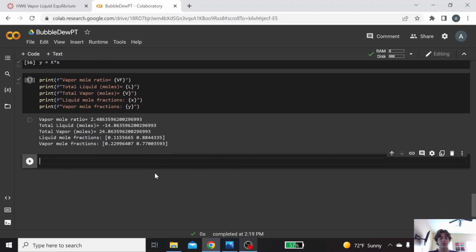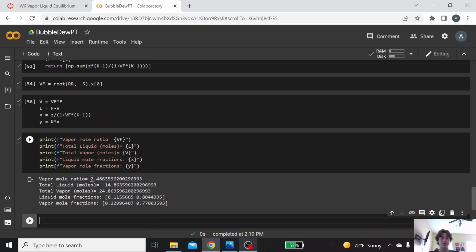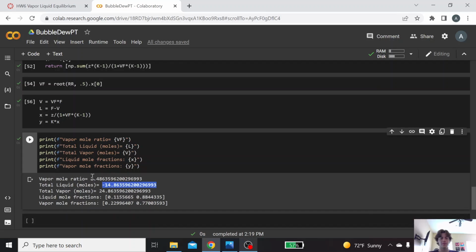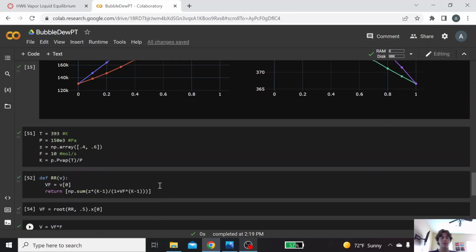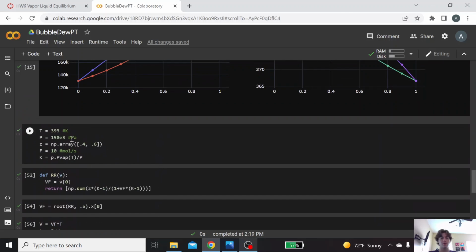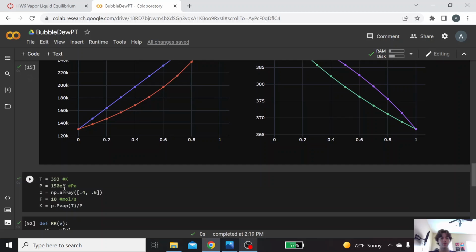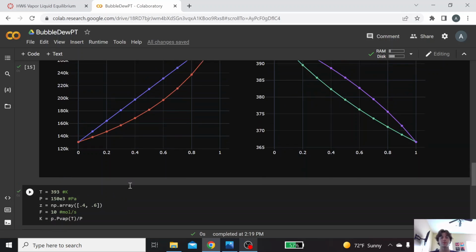So now we can take a look at all these values, and as you can see, our total moles of liquid is a negative value, and our vapor mole ratio is greater than 1. It's actually about 2.5. The reason for this is because for our flash calculation, we did it at a set temperature of 393 Kelvin and a set pressure of 150,000 pascals.